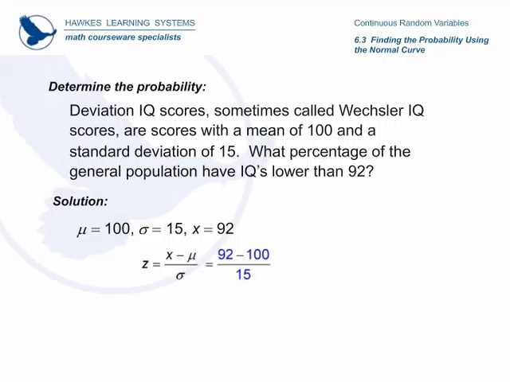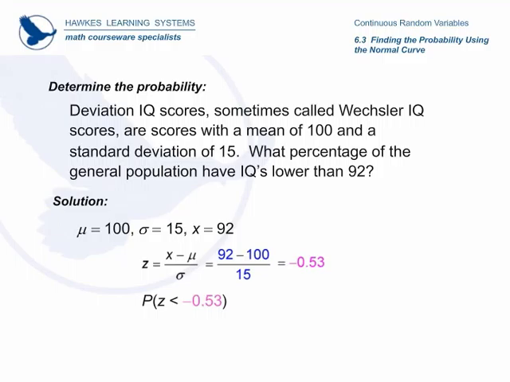Using our z-score, our data value minus the population mean divided by the population standard deviation equals 92 minus 100 over 15. And that gives us a z-score of negative 0.53.